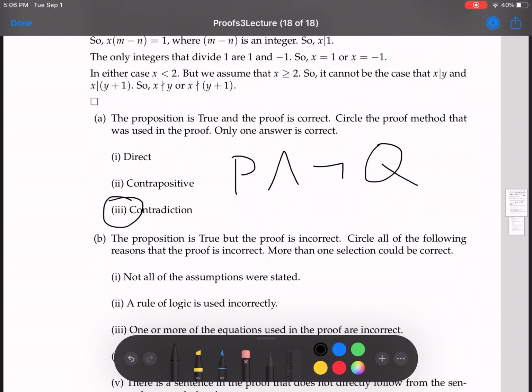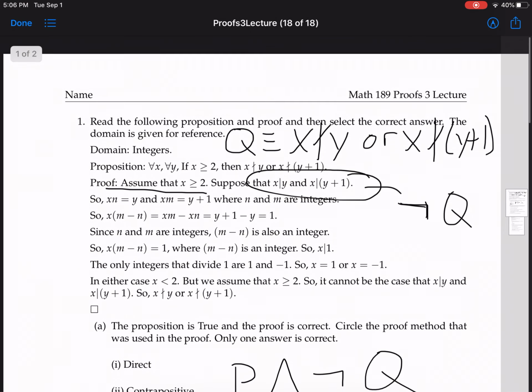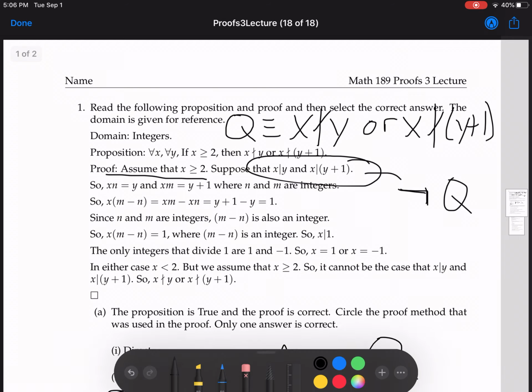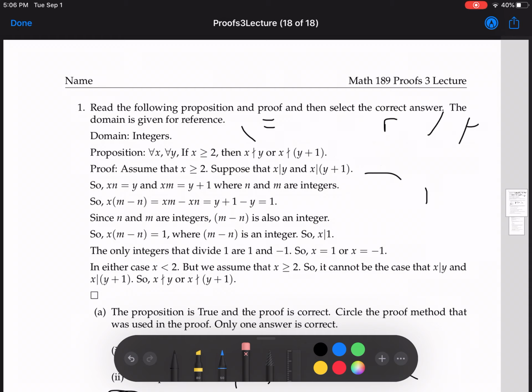Now, of course, you would have to go through and see if the work in this proof is correct: that the assumptions are stated, that we use correct rules of logic, and everything follows from the line that came before. So let me just explain the proof here.